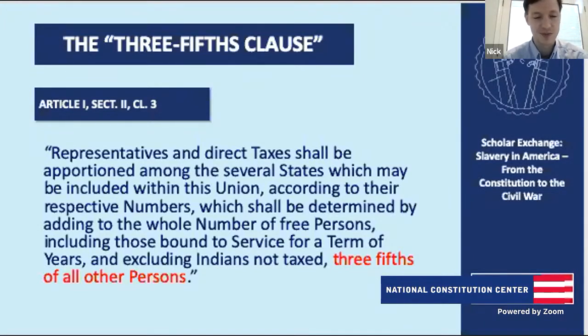States decided whether or not slavery existed within their boundaries, that if it wasn't embedded into the Constitution's text, then there would be a possibility over time of getting rid of it, right? The hope was we can get rid of it in the future.